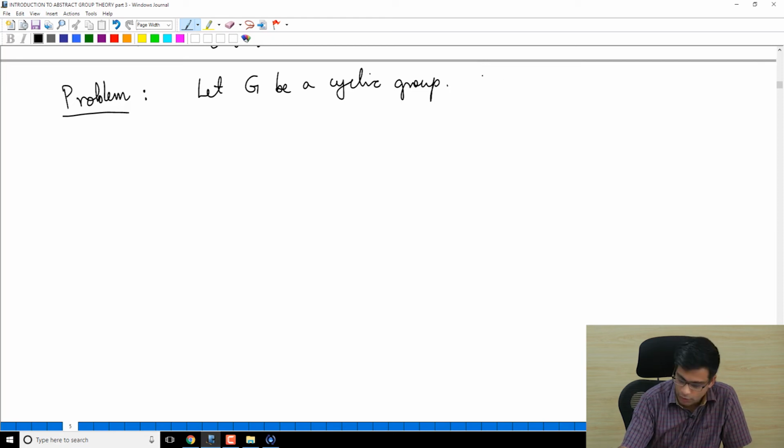Suppose that G is finite, so it's a finite cyclic group.